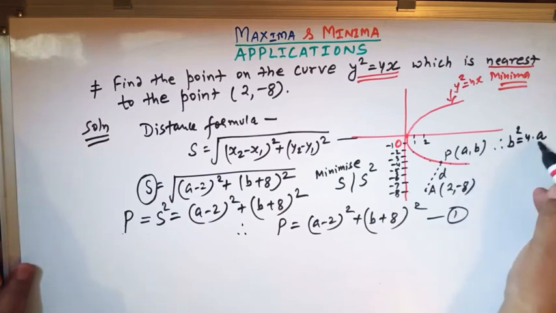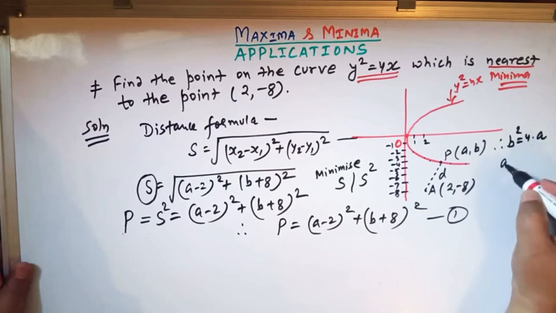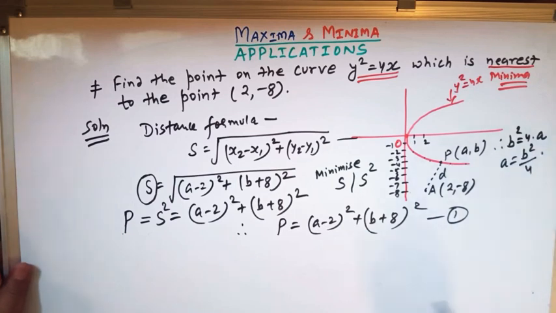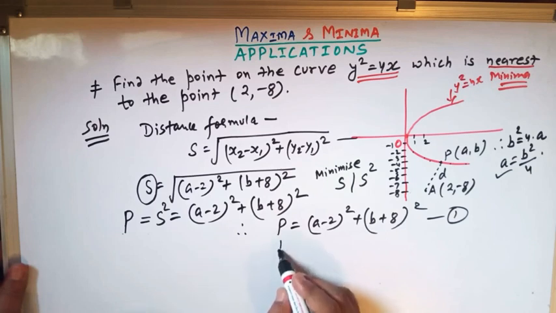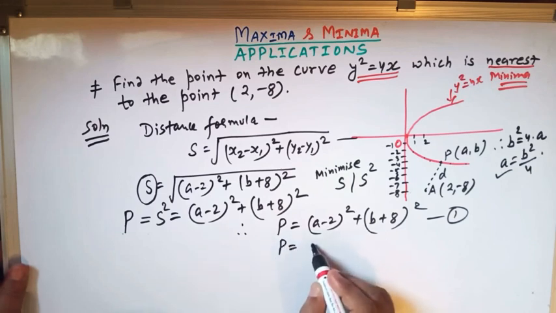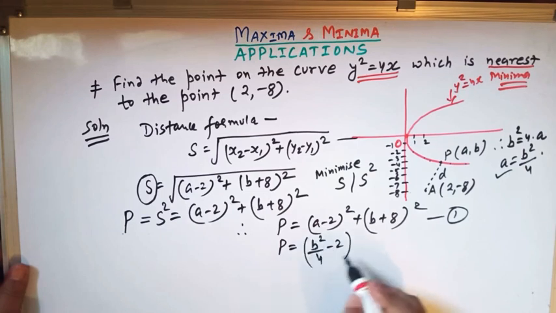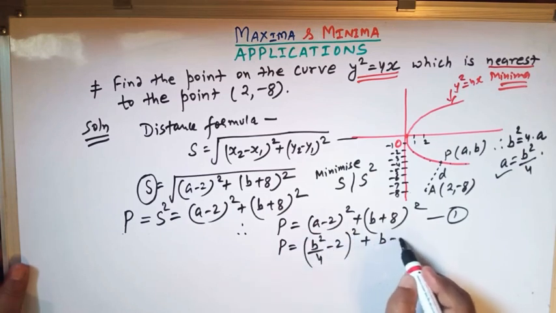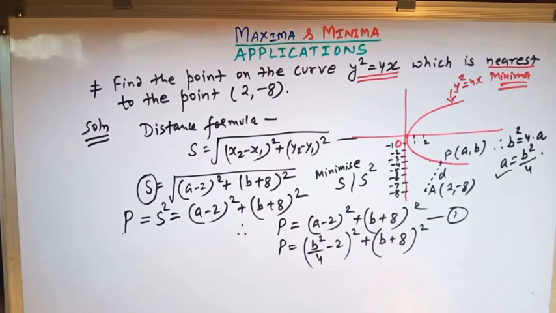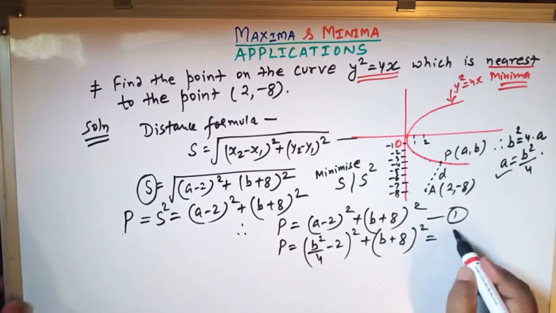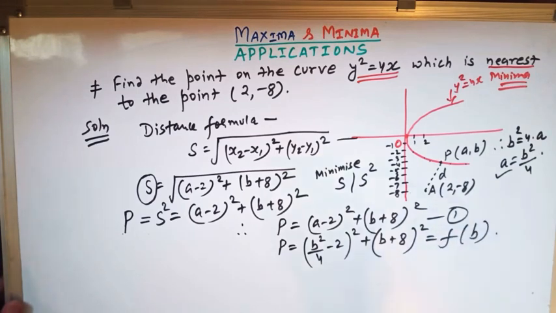So b square is equal to 4a, or we can write a is equal to b square over 4, and let us substitute this value of a in this equation. So therefore p becomes b square over 4 minus 2 whole square plus b plus 8 whole square. Clear? So viewers, this is a function of b.